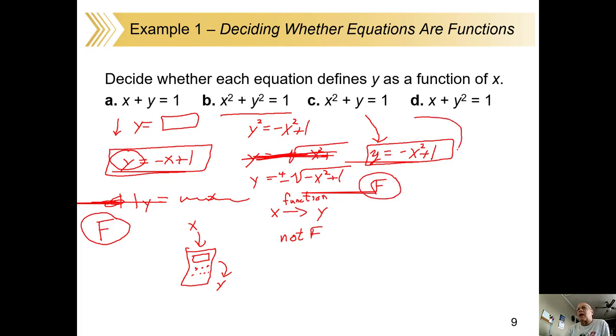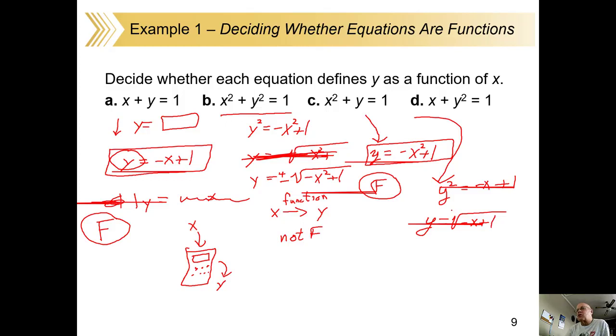Last one, let's see what happens here. I want the y by itself, so I'll subtract the x from both sides. That'll give me y squared equals minus x plus 1. Uh-oh, I've got a y squared. I need this in terms of y for it to be a function. So I take the square root, y equals the square root of minus x plus 1.